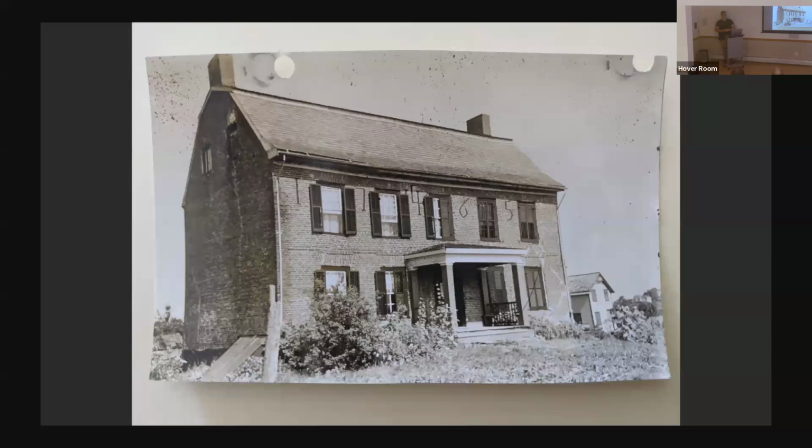For whatever reason, I haven't quite figured out why. He ends up going from being on the Committee of Correspondence, which is coordinating revolutionary activity, coordinating resistance to the Stamp Act and resistance to British rule in the colony. He goes from that to being in prison for being suspected of being a loyalist.